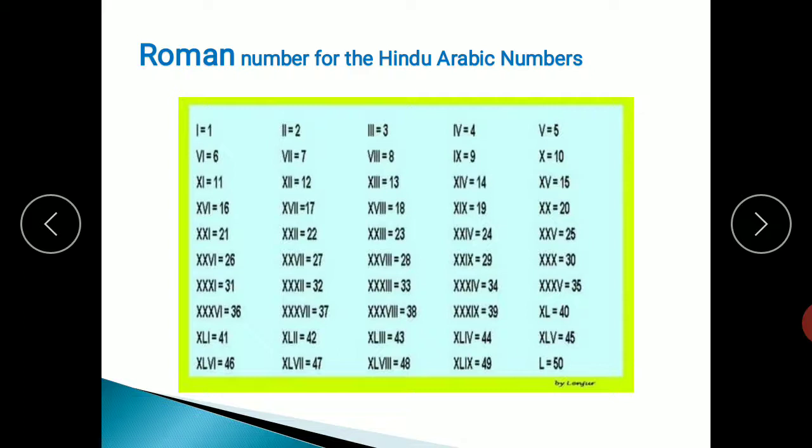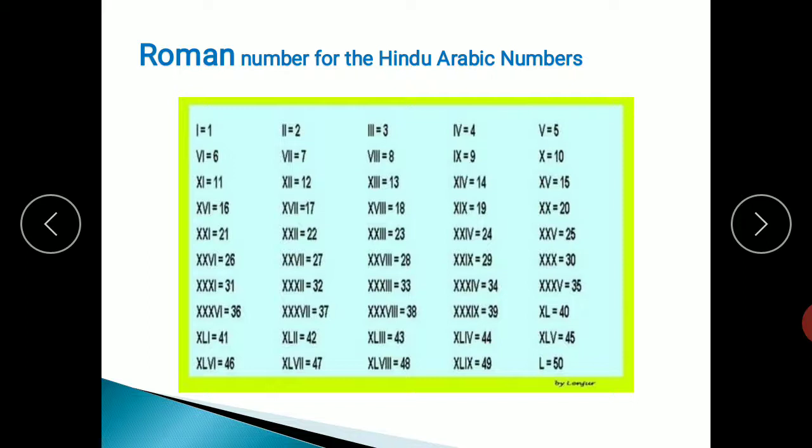Ancient Indian mathematicians developed a natural number system and introduced it to the rest of the world; it is called the Hindu Arabic number system. For example: 0, 1, 2, 3, 4, 5, and so on. In the Roman system, the letters are put together according to the given rules for the number.